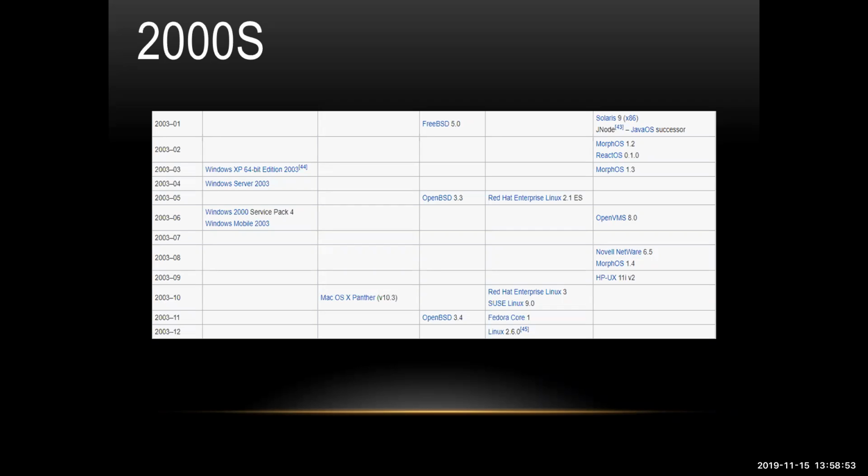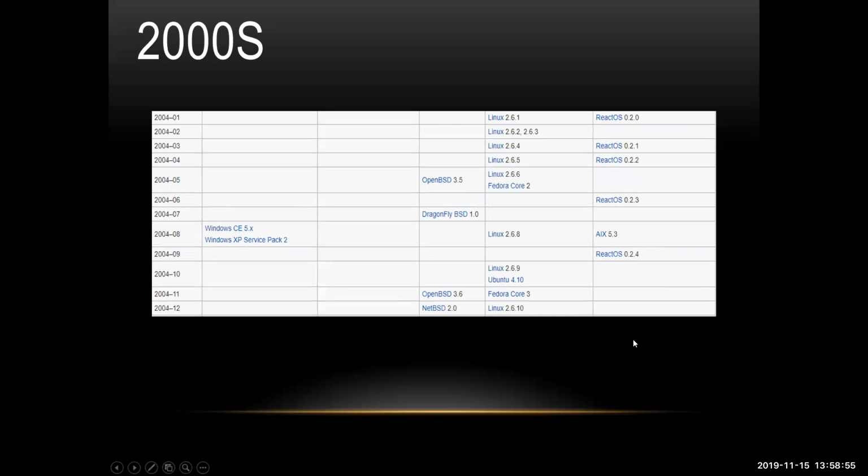And then 2004, we had Linux 2.6.1 and ReactOS 0.2.0 in January 2004. And then February, we had Linux 2.6.2 and 2.6.3. And by March, we had Linux 2.6.4 and then ReactOS 0.2.1.